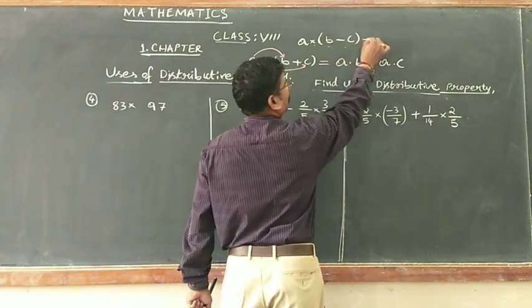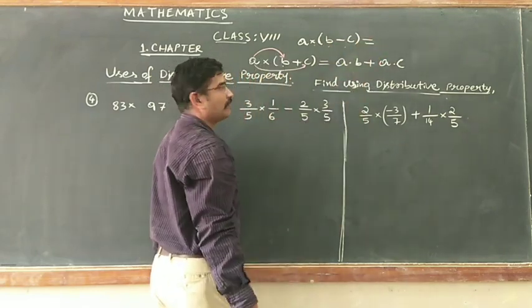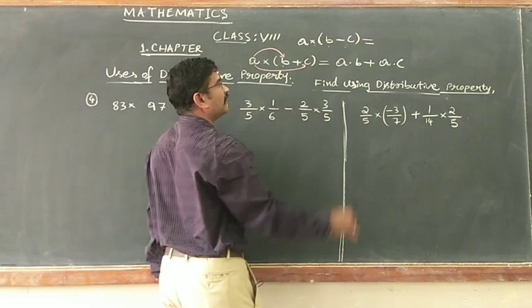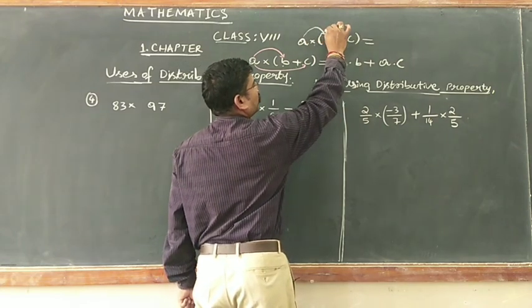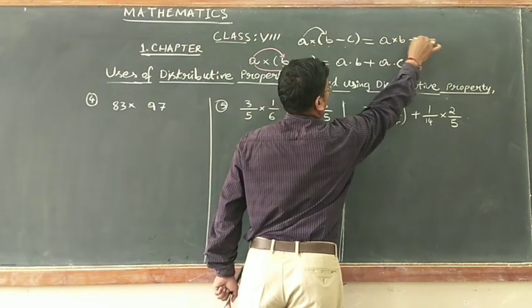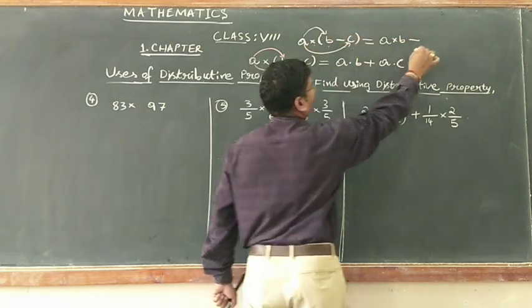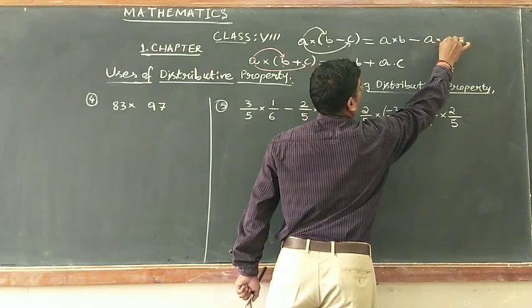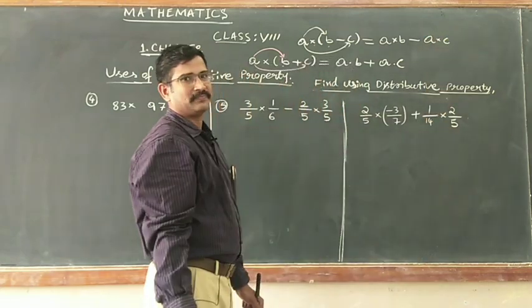What is the distribution of A here? A multiplied by B minus A multiplied by C. This is how we can write it.